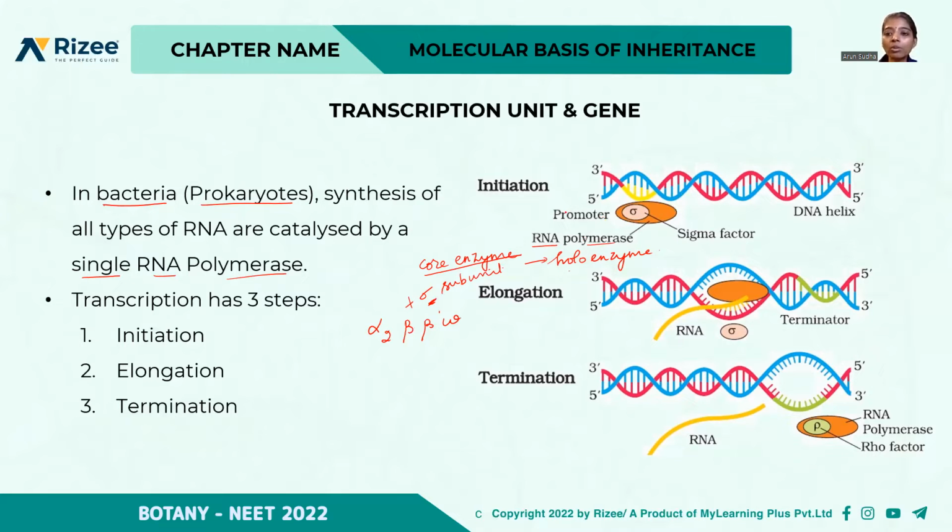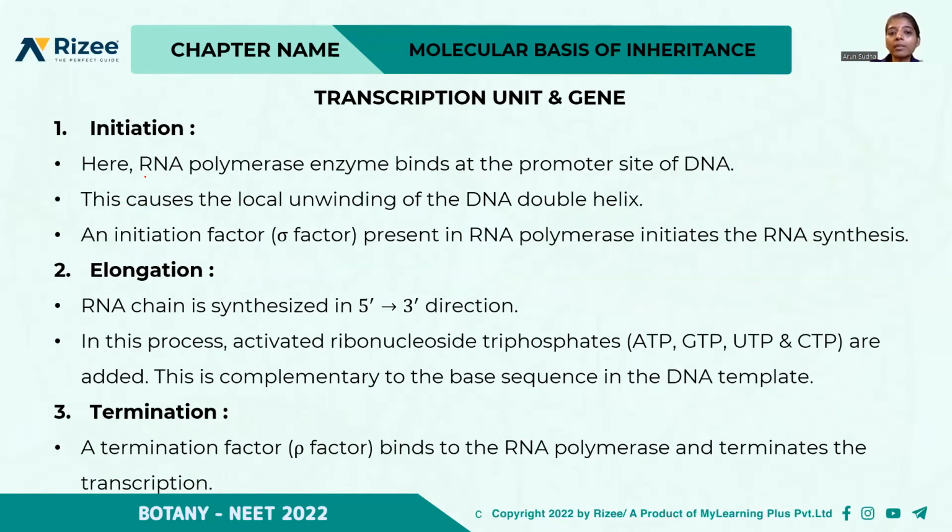Okay, so this is the RNA polymerase which binds to the template strand. That is the process of initiation. Here the RNA polymerase enzyme binds at the promoter site of DNA. Only at the promoter region will the enzyme bind. As a result of binding, what is happening? Local unwinding of the DNA double helix.